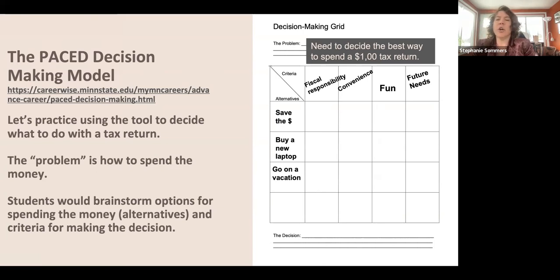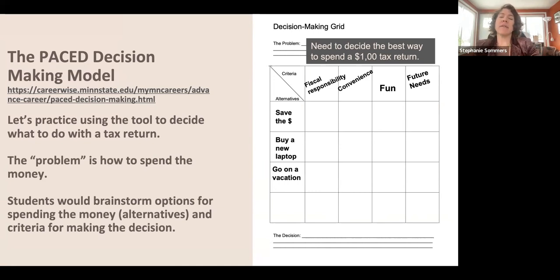I think going through and filling out this form is a great exercise because it allows students an opportunity to really think through these decisions, and they can then articulate why and how they arrived at the decision they did. Obviously, you could use this in class and students could talk about their alternatives and criteria, and you could add a lot of rich conversation here as well.